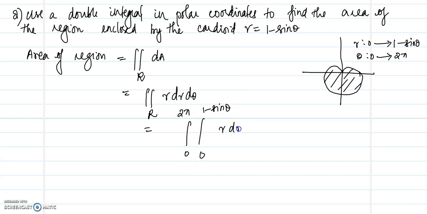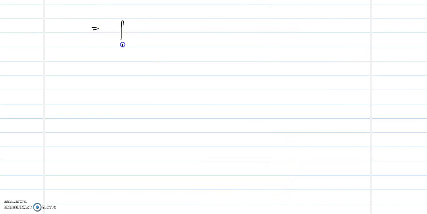We'll get the integral from 0 to 2 pi. When you integrate with respect to r, we'll get r square by 2 from 0 to 1 minus sine theta d theta. So that will be equal to the integral from 0 to 2 pi of 1 minus sine theta whole square by 2 d theta.